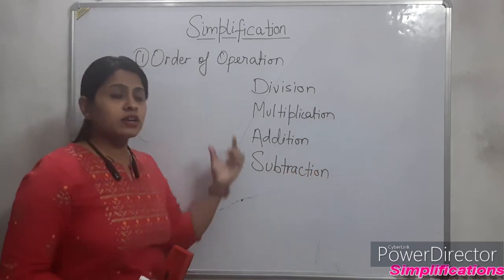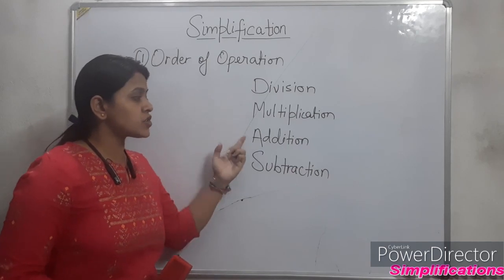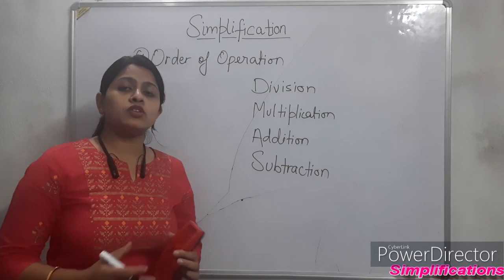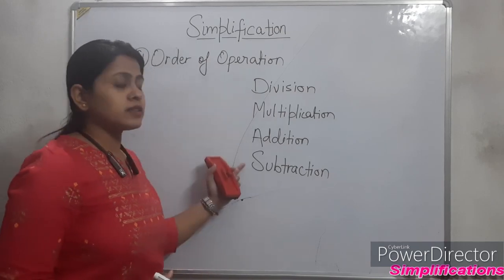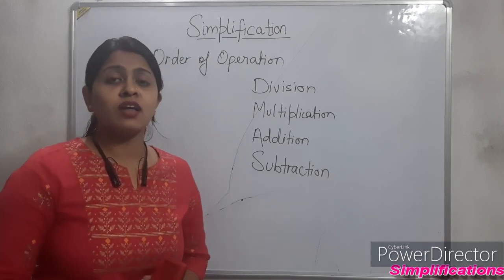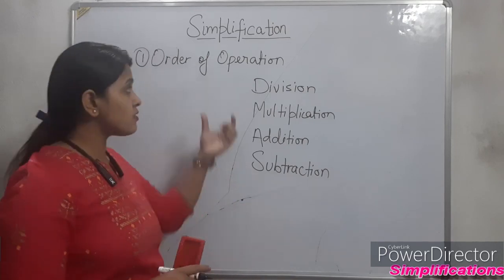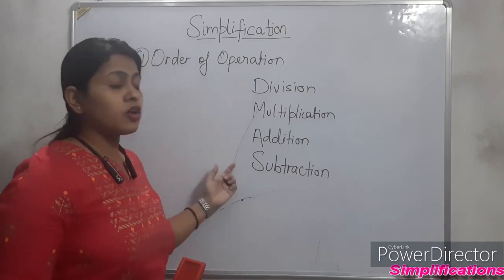So the correct order is division, multiplication, addition, and then subtraction. So by learning this much, can you solve the question? Again a big no. This is the first rule, that is order of operation.